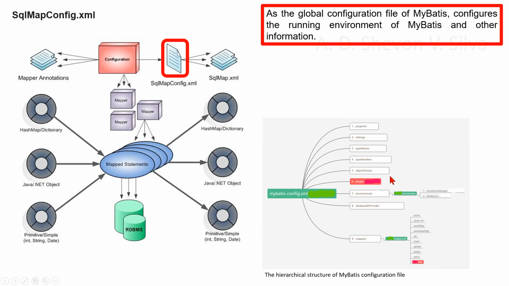Object factory. Each time MyBatis creates a new instance of a result object, it uses an object factory instance to do so.